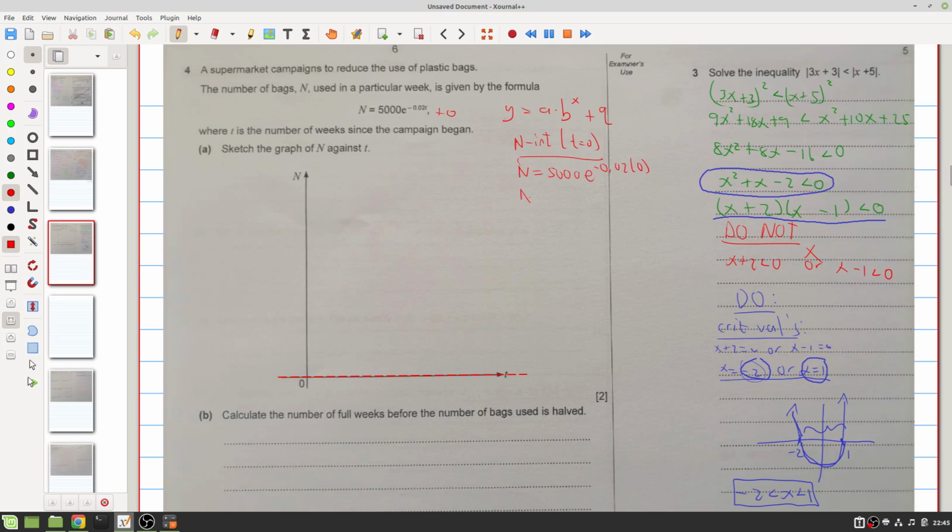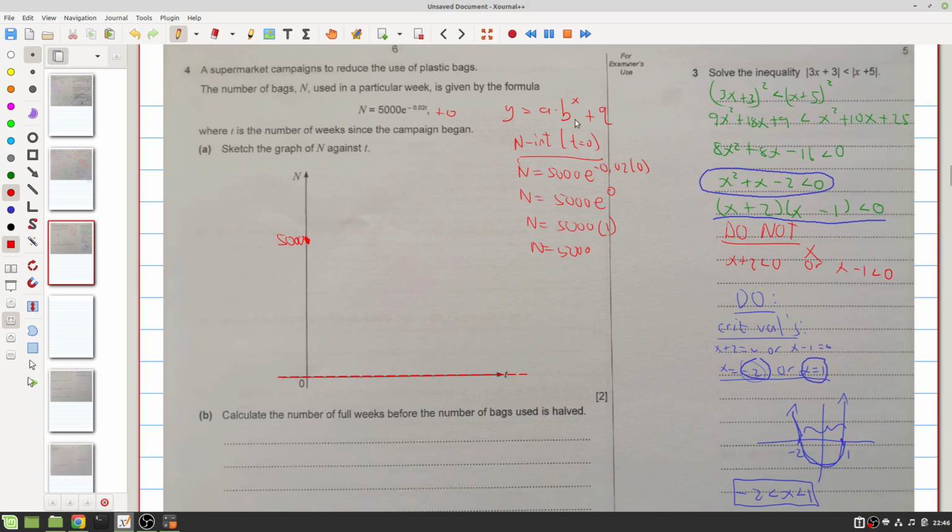Simplifying that gives us 5,000 e to the power 0, and e to the power 0 is 1. So that just gives us 5,000. So at 5,000, let's make it over there, 5,000. Okay, so there's one point on our y-intercept. We won't have an x-intercept because we have an asymptote there.